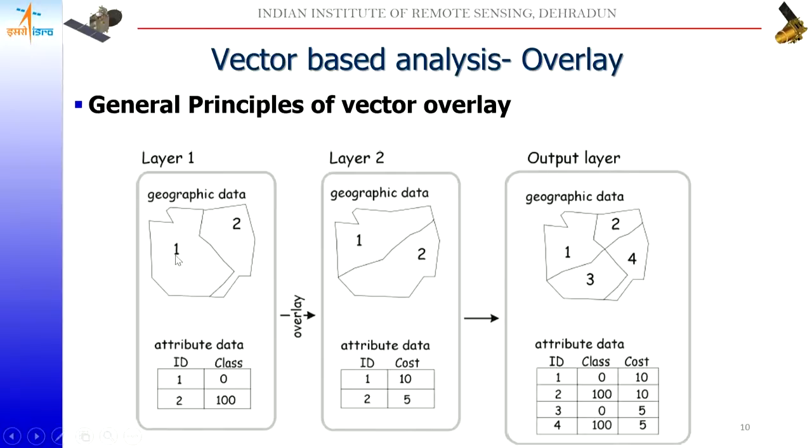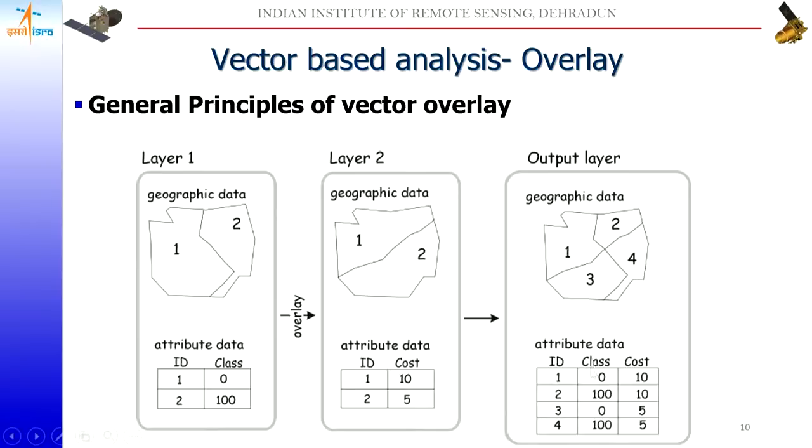Visualize that I'm trying to put this on top of this. What will happen is, wherever those line segments intersect, new polygons will be computed. Initially in layer 1 we have two polygons, and in layer 2 we again have two polygons. If I overlay them, then wherever this line is crisscrossing with this line, you can see here that four separate polygons are computed.